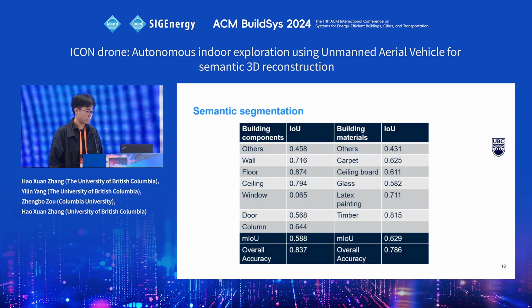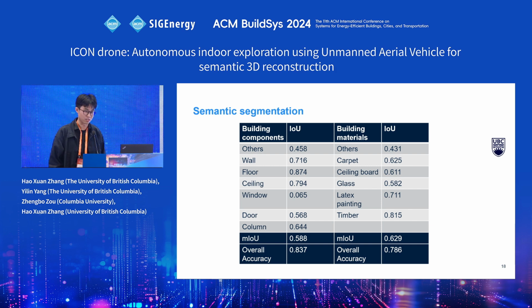For the semantic segmentation, here are some of the numbers. You can first look at the overall accuracies at the very bottom. Those numbers tell you, out of the total, how many points are correctly labeled. You can see that most of the points are being correctly labeled.